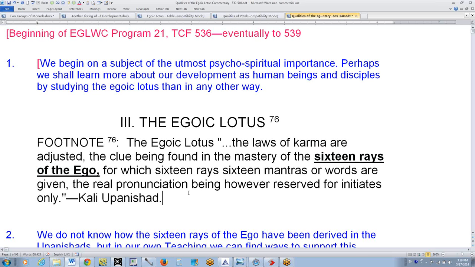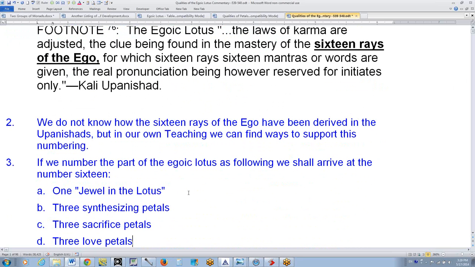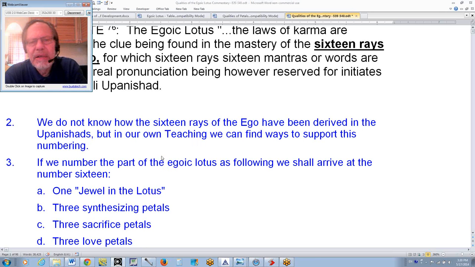So we don't know at the moment the method by which the 16 rays have been, should we say, derived from in the Upanishads, but in our own teaching we can find ways to support this numbering. And so let's look at a way to look at the 16 rays of the ego.